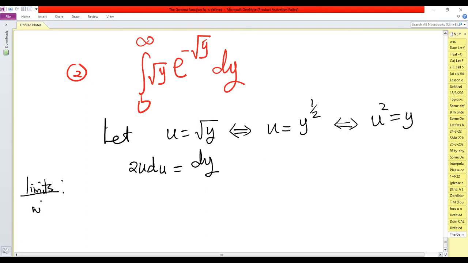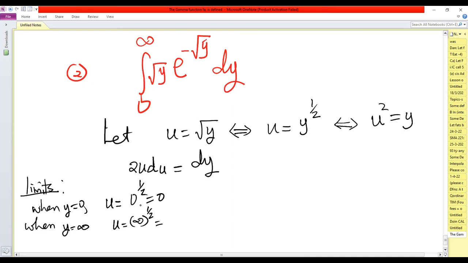So when y is 0, u will be 0 power half, which is still 0. When y is infinity, u will be infinity raised power half. And because we're only dealing with positive values, this will also be infinity. So limits are unchanged.